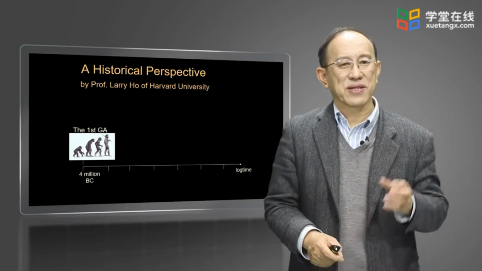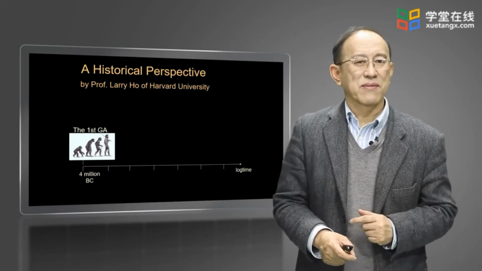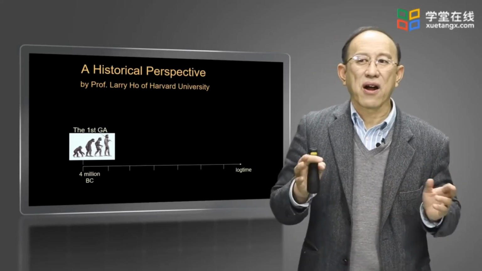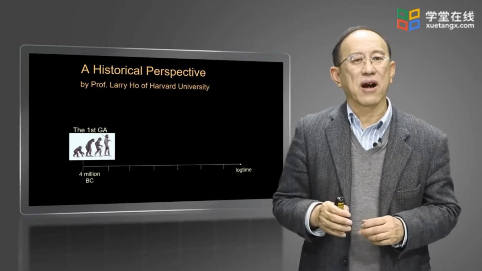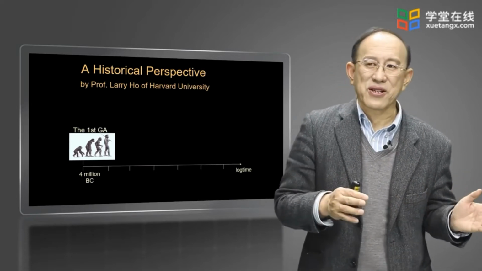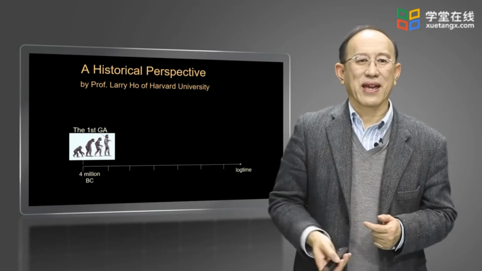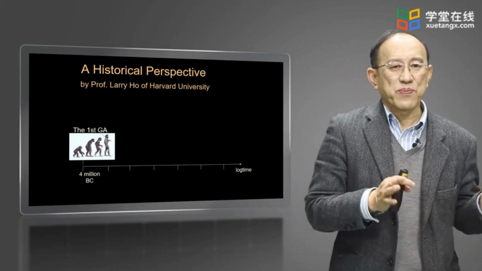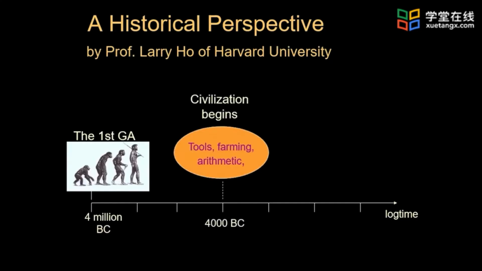Professor Ho joked that this is the first genetic algorithm, because genetic algorithm is an optimization algorithm based on selection and evolution.